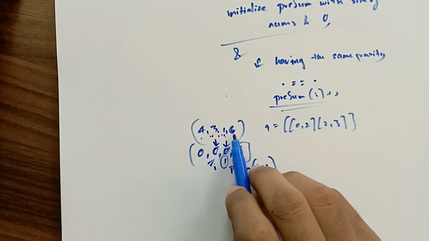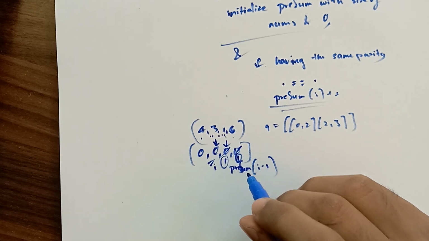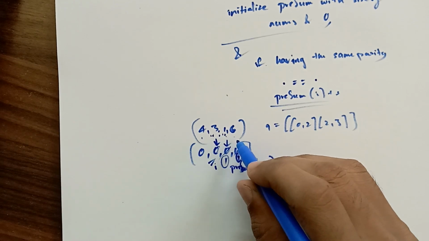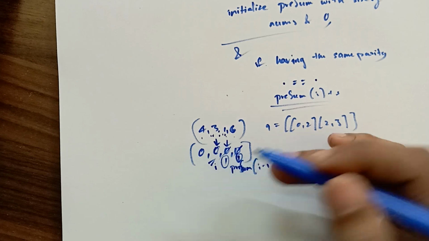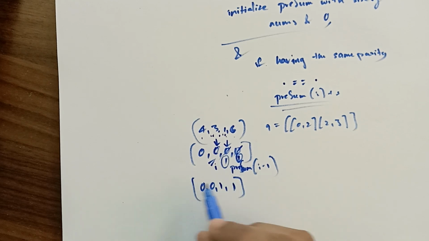Now 1 and 6 are having different parity, so there is no need to change our prefix sum. So our prefix sum will be 0, 0, 1, 1.